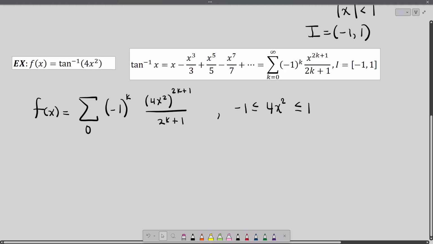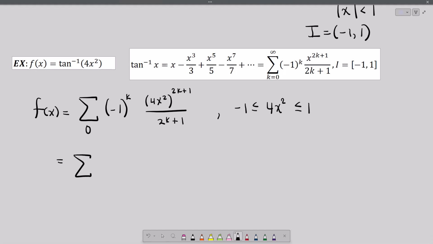Let's do a little simplification inside this. Let's take this exponent and distribute it across. So we're going to have a constant of 4 raised to the 2k plus 1. And then we'll have our x part here. We're going to have x to the 4k plus 2 divided by 2k plus 1.